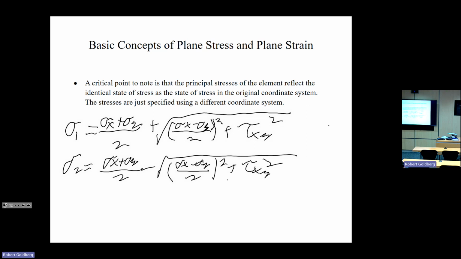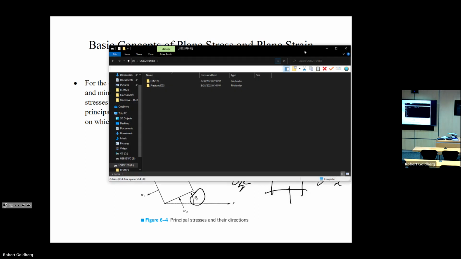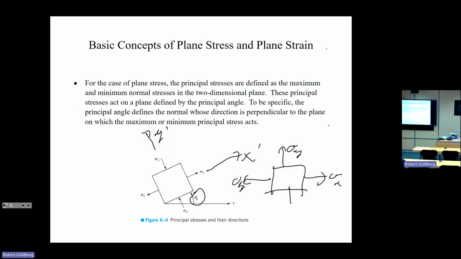Just to repeat this point one more time, the critical point to note is that the principal stresses of the element are the same state of stress as in the original coordinate system. In the original coordinate system, we'd have normal stresses and shear stresses.